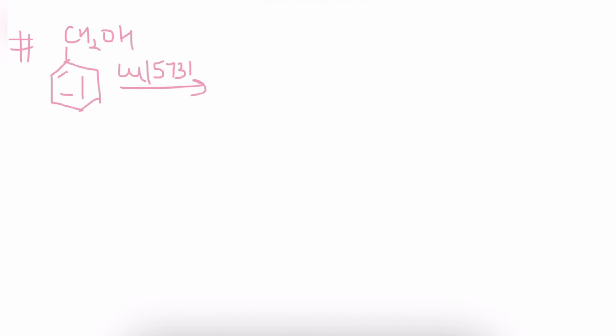Let's take one more example of a primary alcoholic group with a benzene ring. So benzyl alcohol, on dehydrogenation reaction, changes into benzaldehyde, a benzene ring having a CHO group over it.